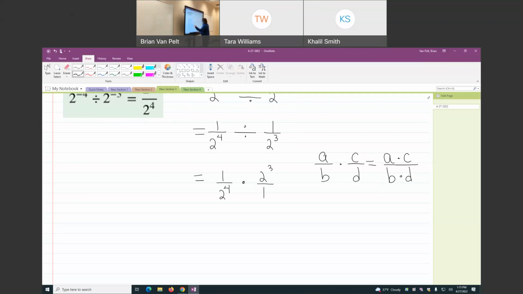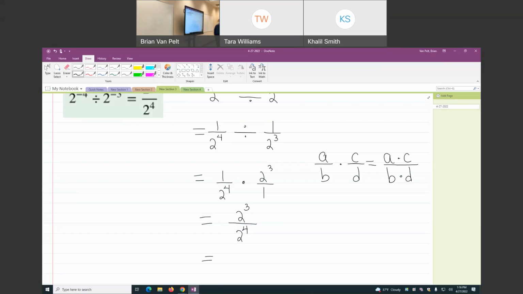All right, now I have everything in positive exponents. I can multiply across and I get 2 to the 3rd divided by 2 to the 4th. And what do you end up getting if you do this problem? You say 64.